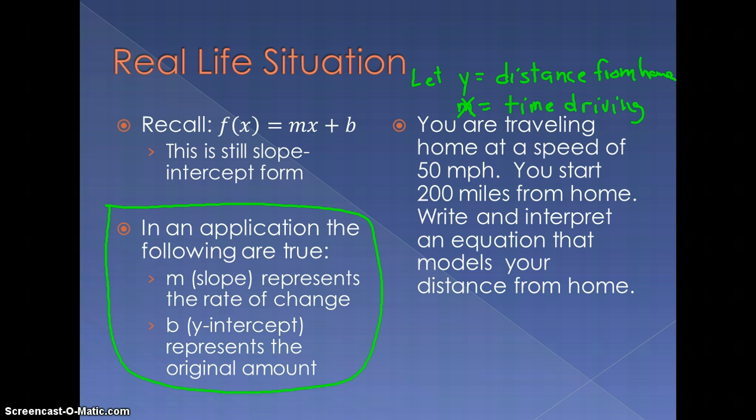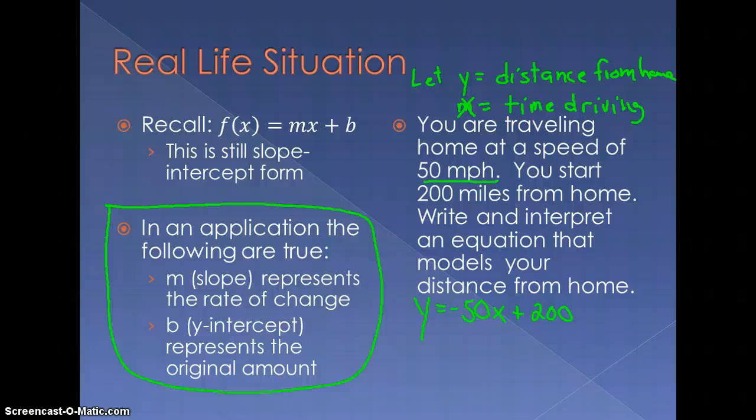So our equation will start with y equals, since the distance away from home is decreasing, our slope is negative 50 miles per hour. So that's negative 50x. And then we start 200 miles away from home. So we add that 200 there. So the 200, our y-intercept, is how far we are from home to start at the beginning.